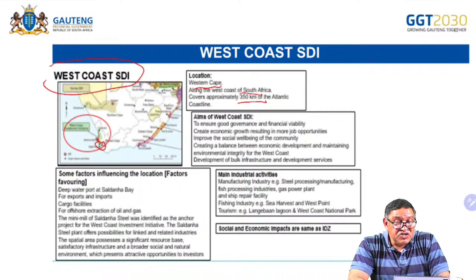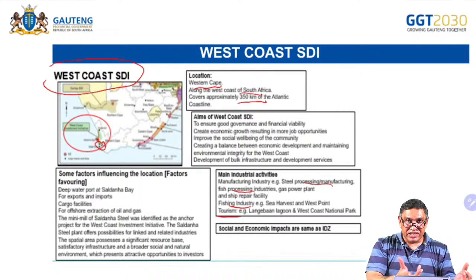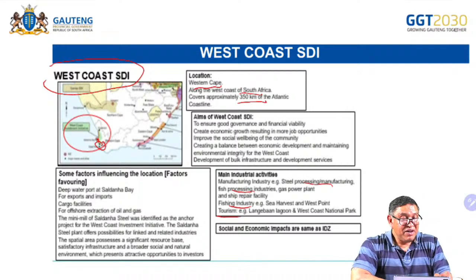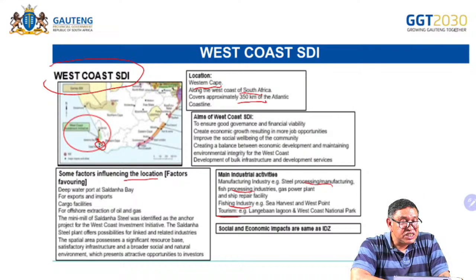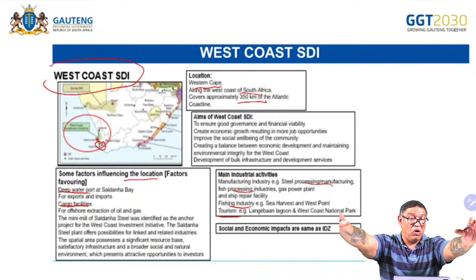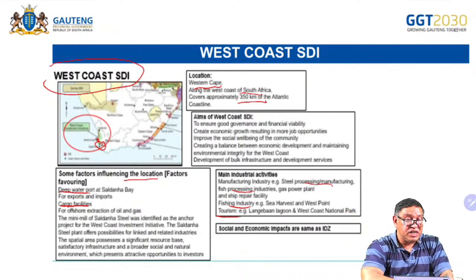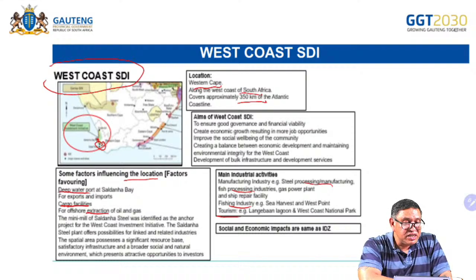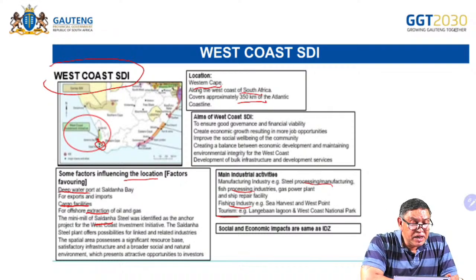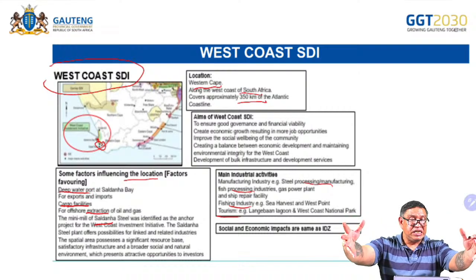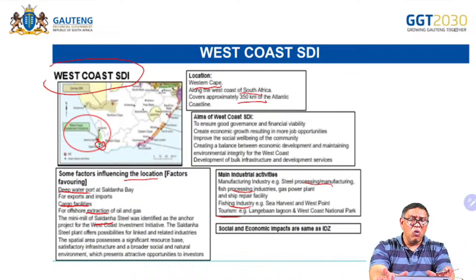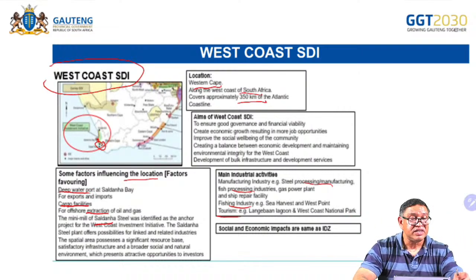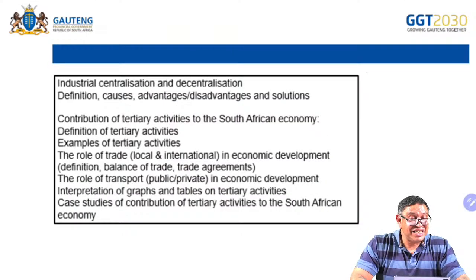The main industries are steel producing, fish processing, fishing industry, tourism. Notice all these have the same thing, like the Western Cape. Factors influencing location: the deep water port, the cargo facilities, you can keep a lot there, a lot of storage facilities, offshore extraction, mini mill of Saldanha Bay where they produce steel. Okay, so if you know all these main factors, you will be again quite safe with that.